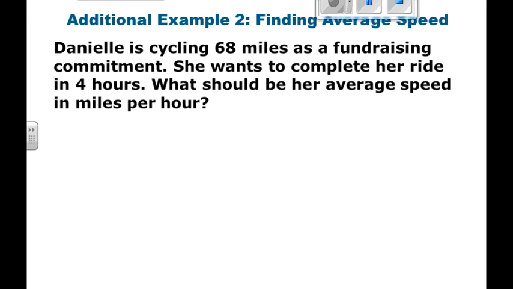All right, we're going to let you try this one on your own. So if you want to, pause it now. All right, so Danielle is cycling 68 miles as a fundraising commitment. She wants to complete her ride in 4 hours. What should be her average speed in miles per hour? That per hour we know means per 1 hour. So we know hours is going to be in the denominator.